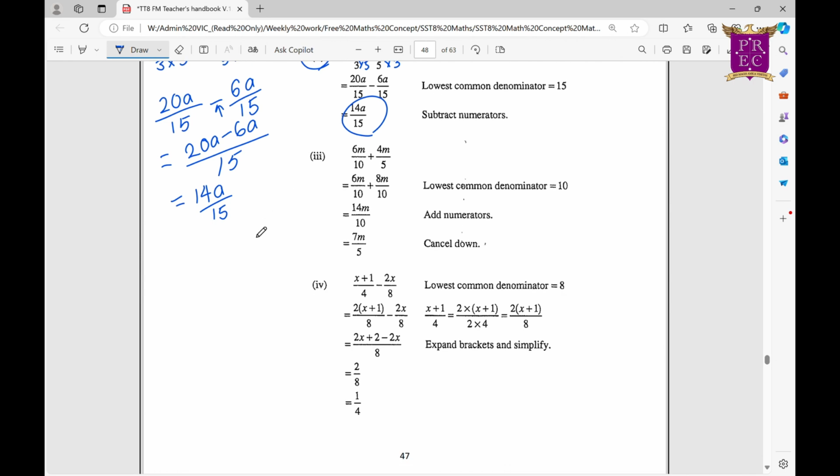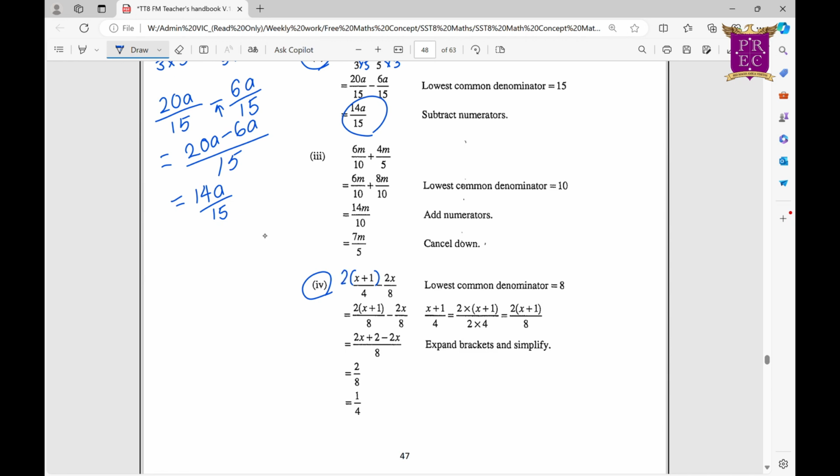All right, let's do example 4. So when you're given something like x plus 1 or x plus 2, essentially anything, and you want to find the lowest common denominator, if you're going to multiply the denominator by a certain number, you need to multiply the entirety of the numerator by that number.